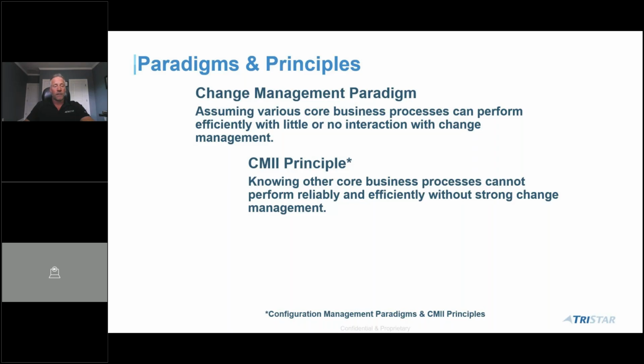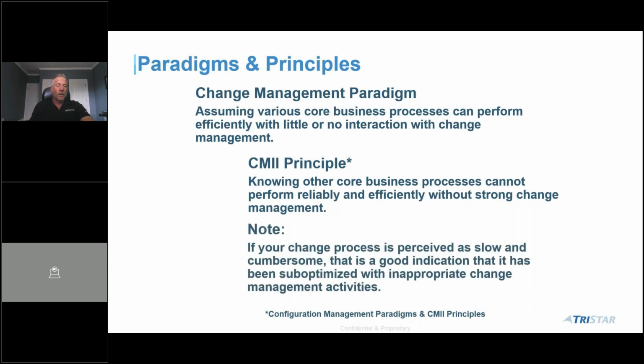Okay, and this is one of the key principles that we focus in on in our assessments all the time. And so what we'll see is that when folks perceive that their processes are slow, again, that's a good indication that there's some type of sub-optimization, whether it's in the order in which it's doing the activities that are taking place. It could be a number of items that we need to look for to help optimize these processes.